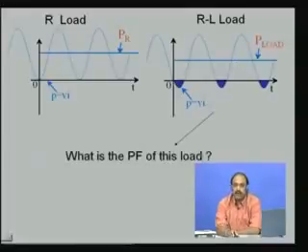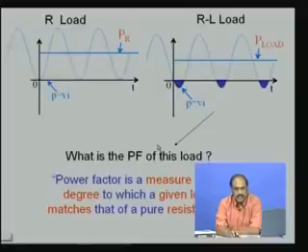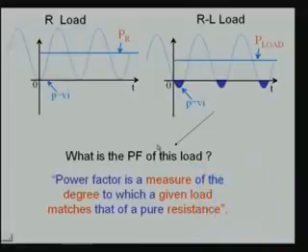Now, the question is, what is the power factor of this RL load? We said earlier that the power factor is nothing but a measure of how close the given load is to a pure resistance or pure resistive load.